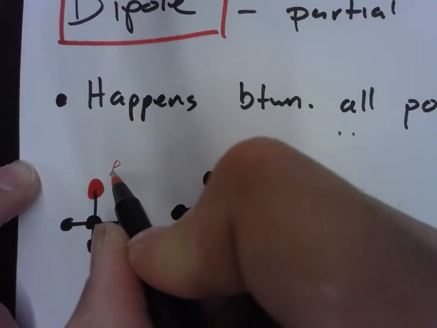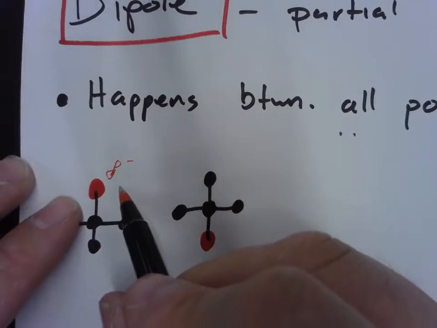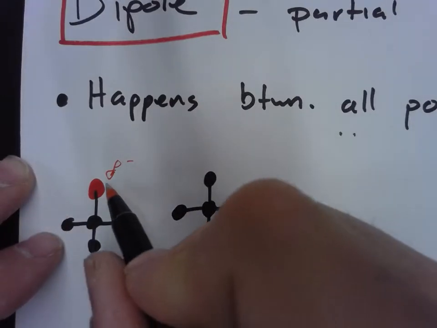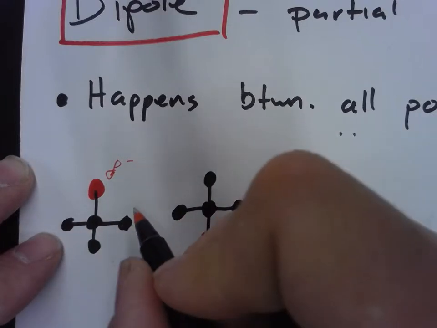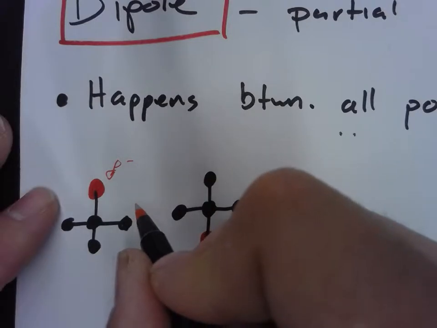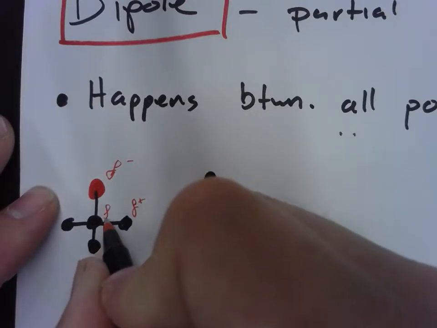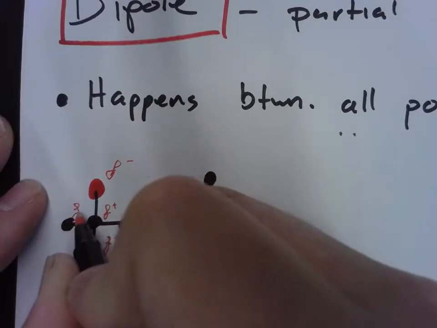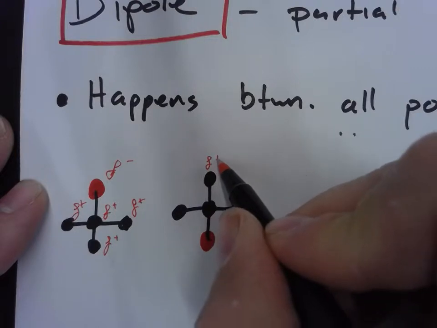It has to, otherwise it wouldn't be polar, right? So this one's hogging the electron, it's got a slight negative charge. Well, if that one's got a slight negative charge, all the rest of these atoms in this molecule have lost their grip on the electron, so they must have a slight positive charge. And the same must be true in this case as well, right?